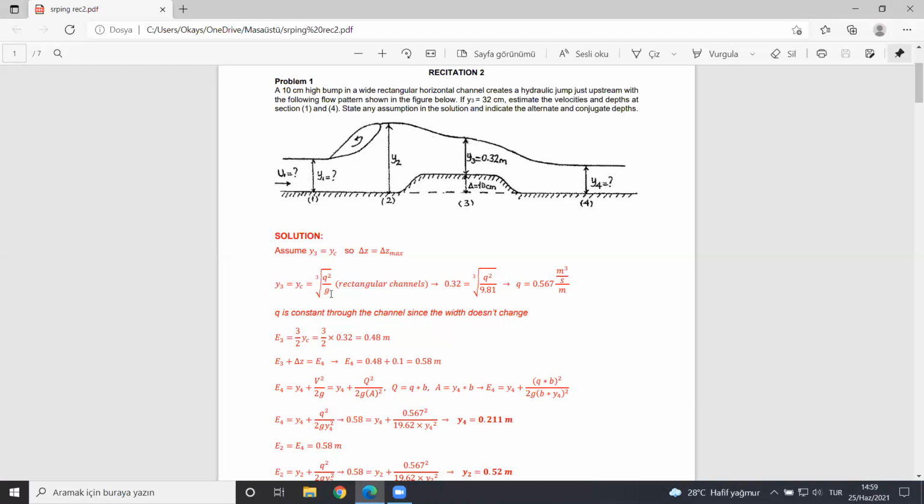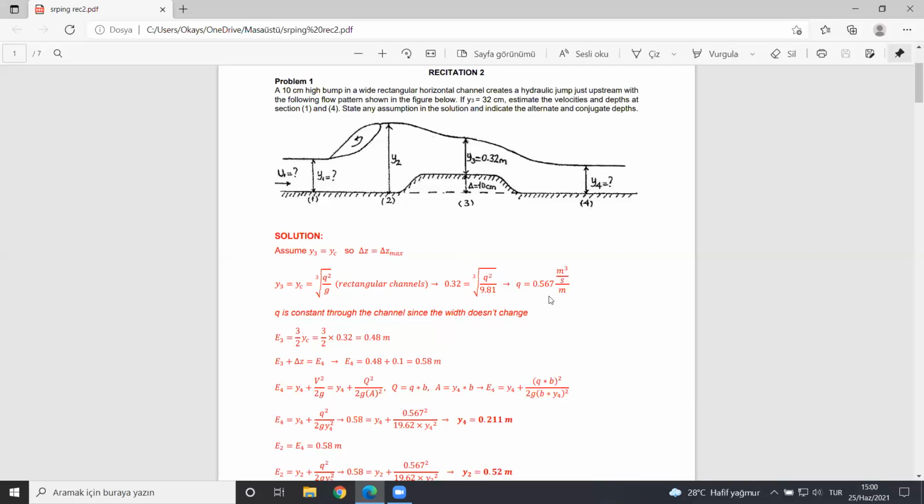To be able to perform this equation, we need to calculate small q, of course. But don't forget, this is for rectangular channels. What was y3? It is also equal to y critical due to our assumption. It is 0.32. We know what g is, and here we can calculate q.